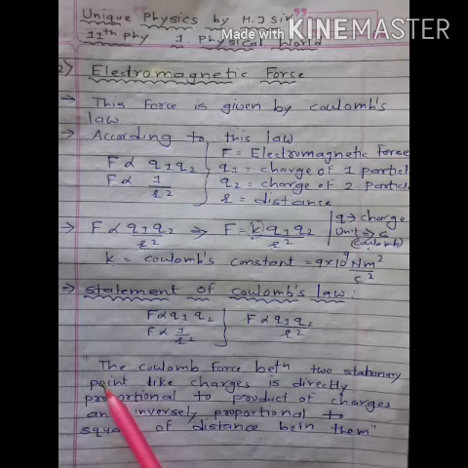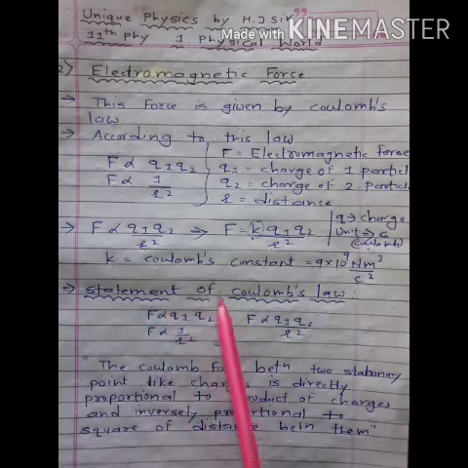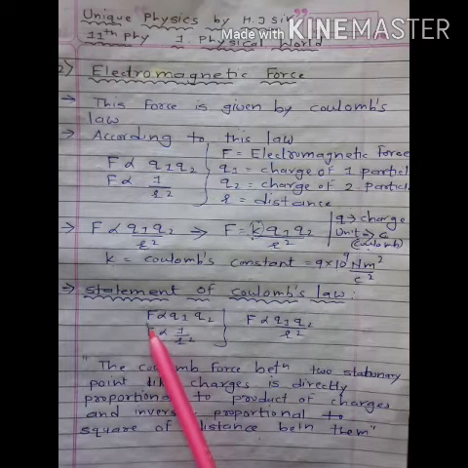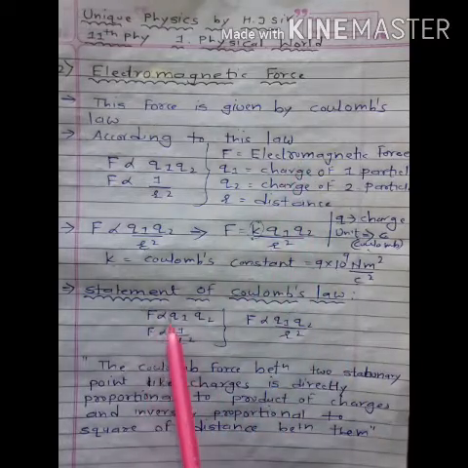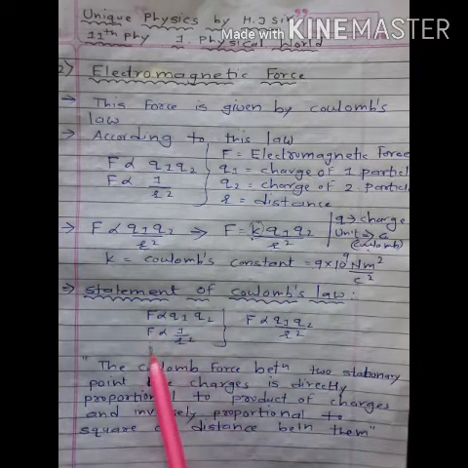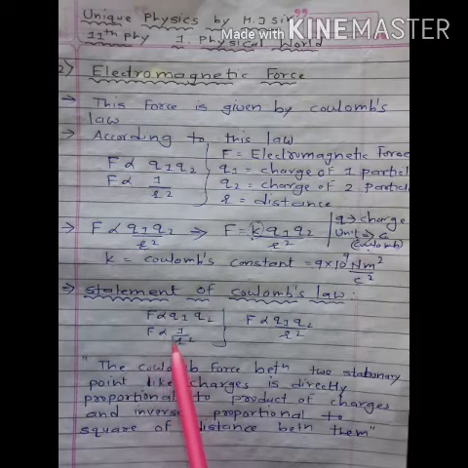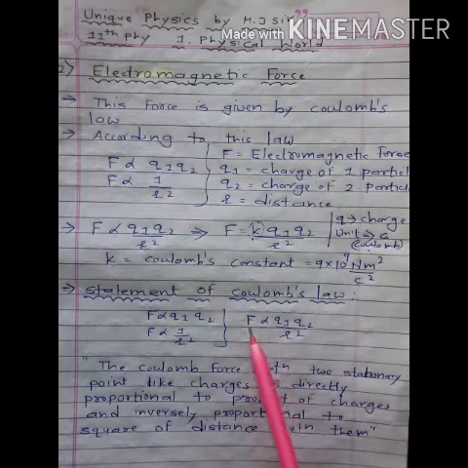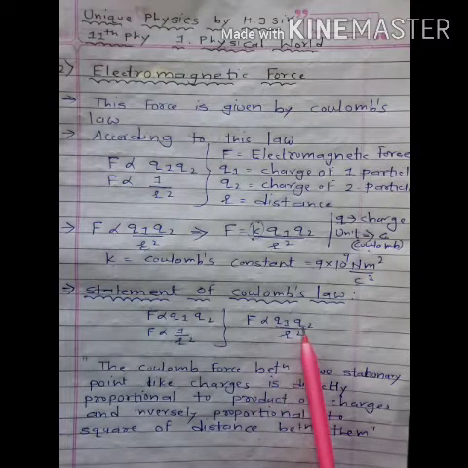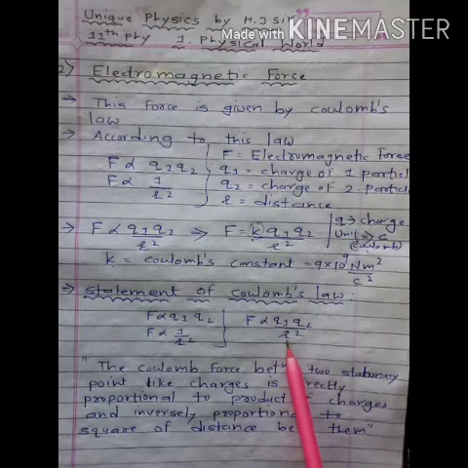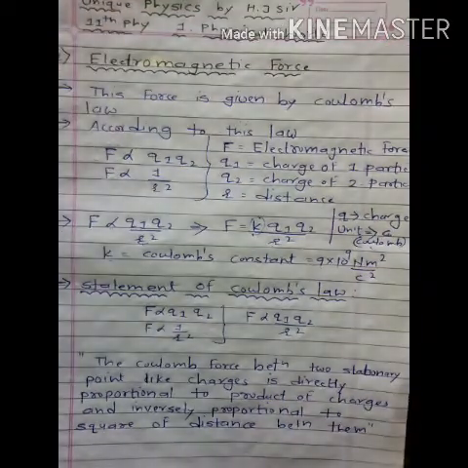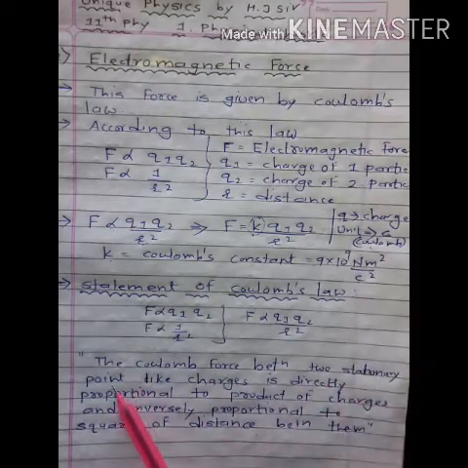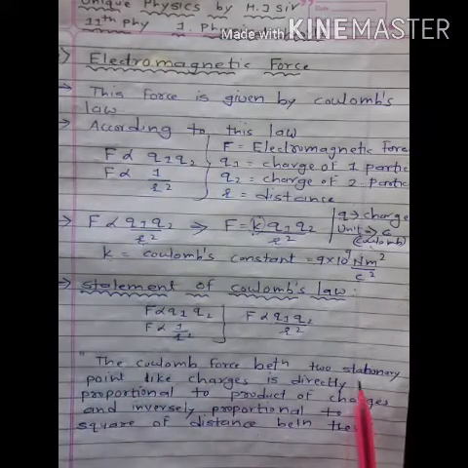Now remember the statement of Coulomb's law. Here we can say that Coulomb force or electromagnetic force is directly proportional to Q1 into Q2 and inversely proportional to R square. So by combining these two, we can say that F is proportional to Q1 into Q2 upon R square. Clear? So the Coulomb force between two stationary point-like charges. Remember this point.